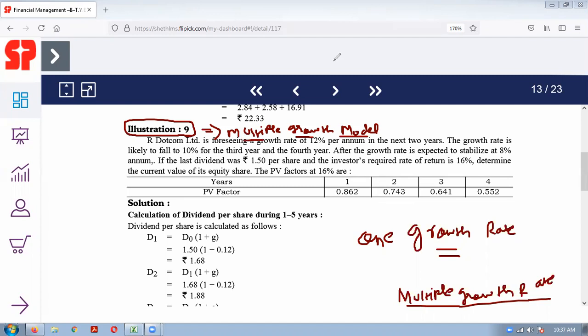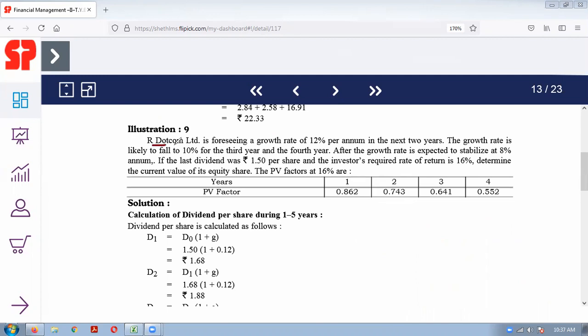Read this illustration. R.com Limited is foreseeing a growth rate of 12% per annum in the next 2 years. So this company is expecting a growth rate of 12% for the next 2 years, that is the first and second year.